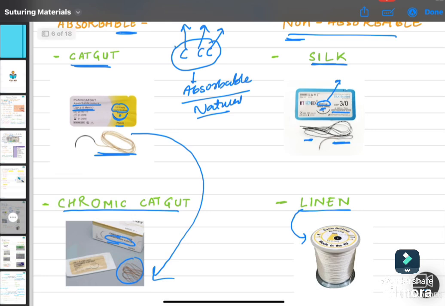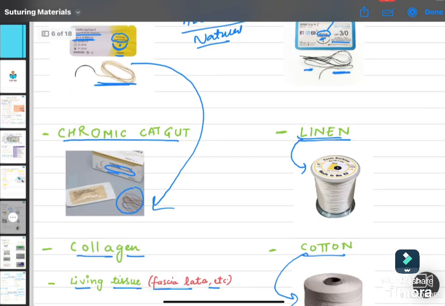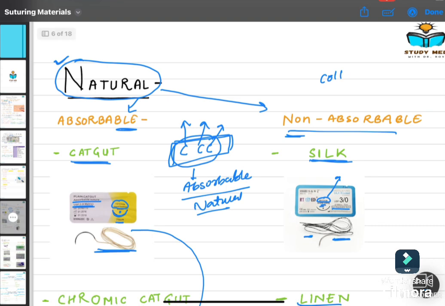These three names you must know. Then silk, linen, and cotton. Study or memorize cotton and silk together.